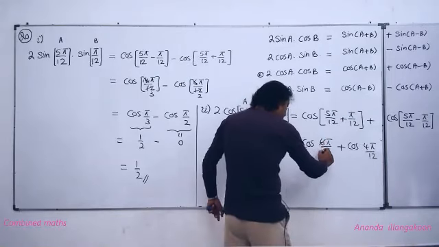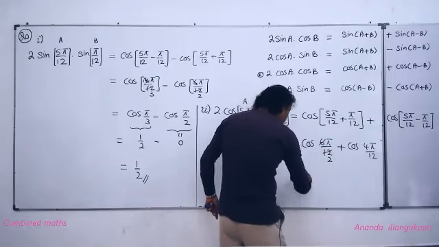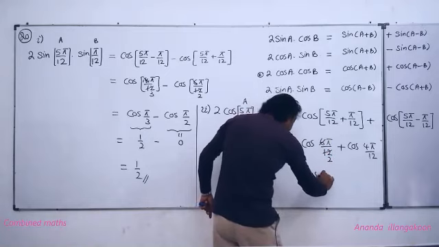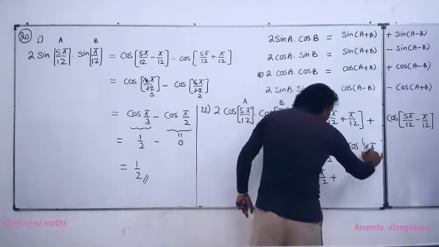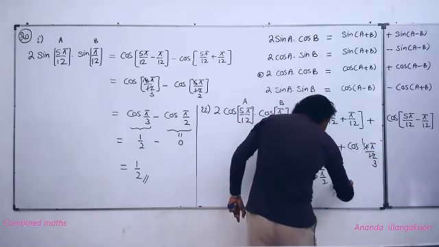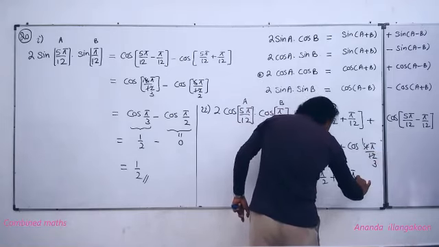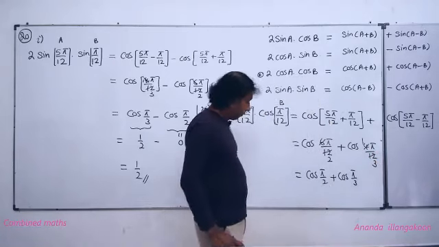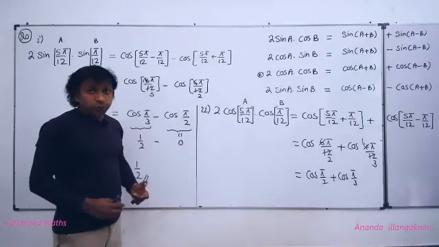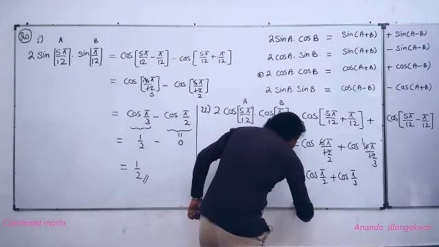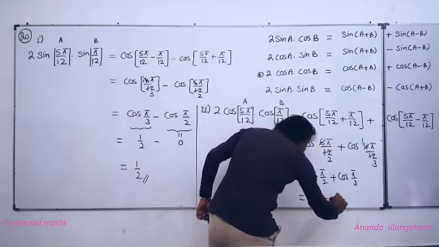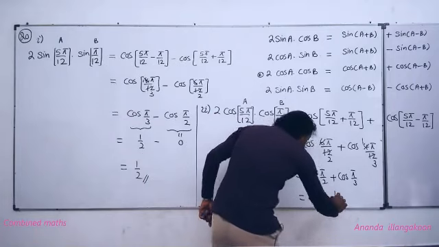Here 6 and this 12 we can cancel down by 6. We get cos pi by 2. Here this and this you can cancel down. We get cos pi by 3. Cos pi by 2, people, cos 90 is 0. Cos pi by 3 is half. 0 plus half is half.